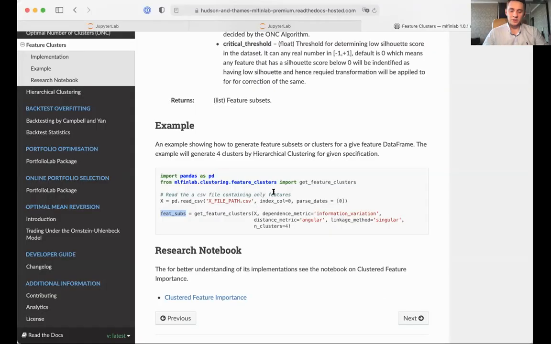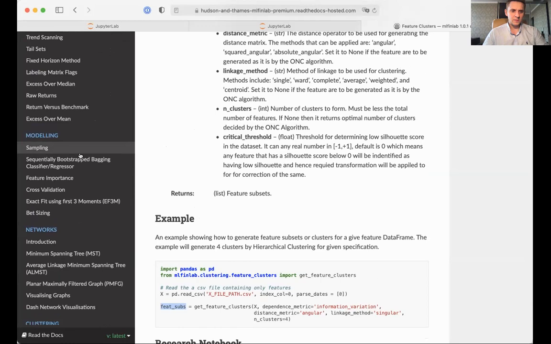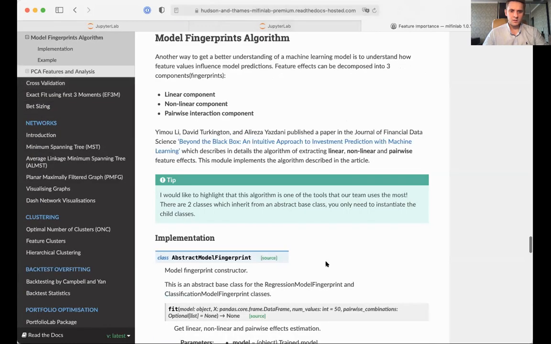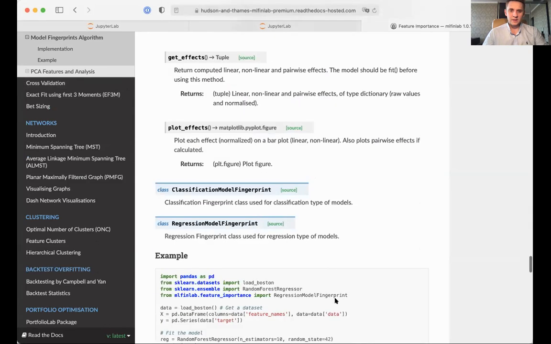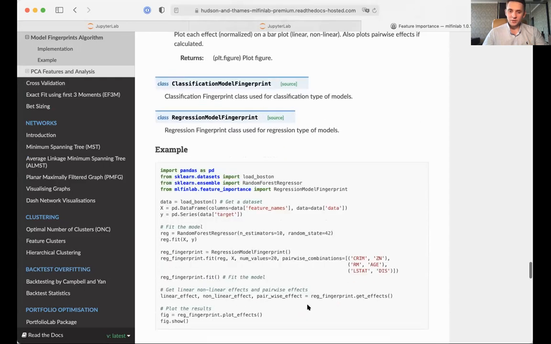If you take a look at the model fingerprints algorithm, you can see that we have either a classification model fingerprint or a regression model fingerprint. What you first do is set up a model fingerprint algorithm and fit it on your already fit regression model. So you put in your already fit regression or classifier model, your X, your number of values.